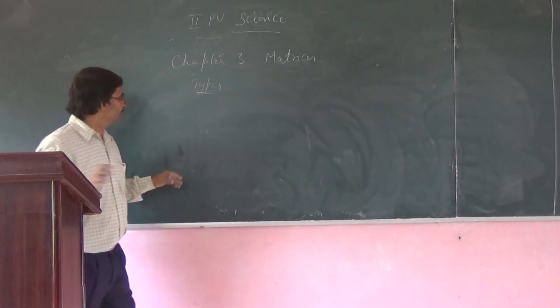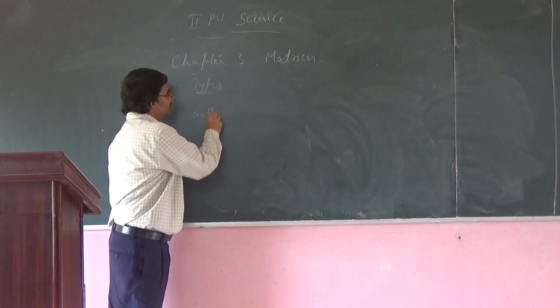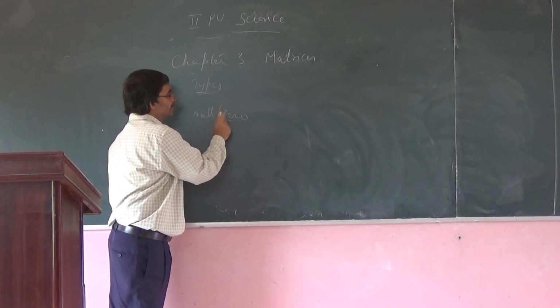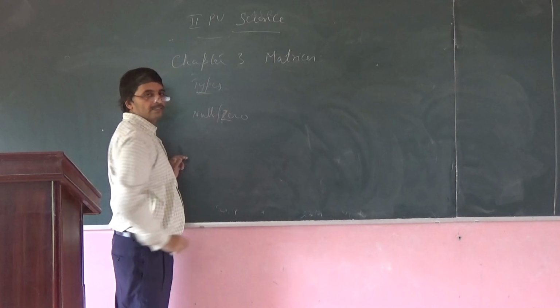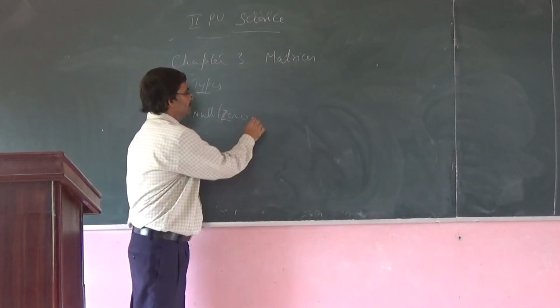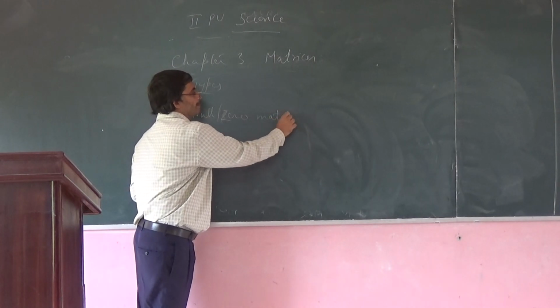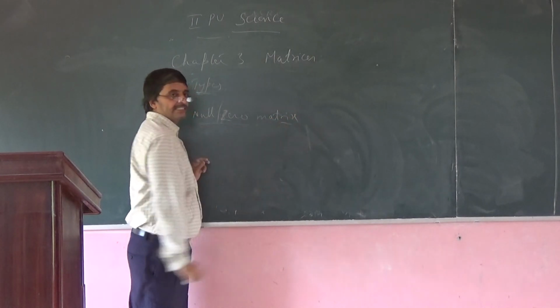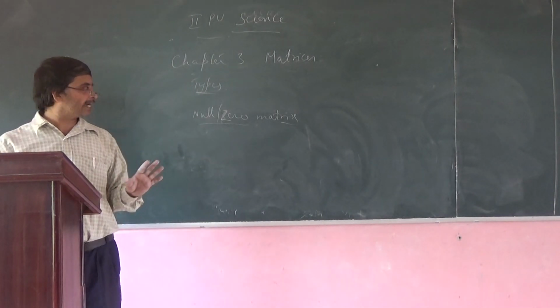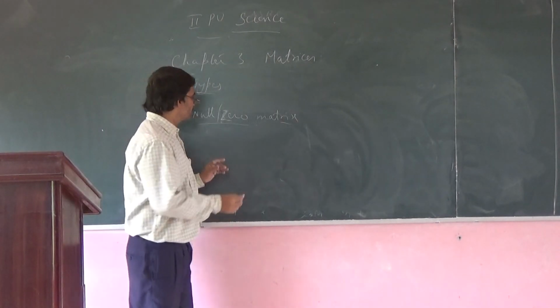Next type, null matrix or zero matrix. Again, the name itself tells what it is. It tells that all the elements are zeros.